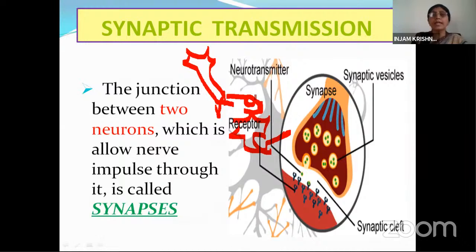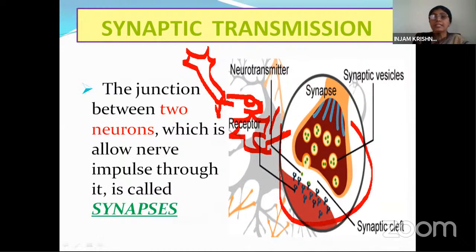If you zoom in on this area, the junction between two neurons, which allows nerve impulses to pass through it, is called a synapse.